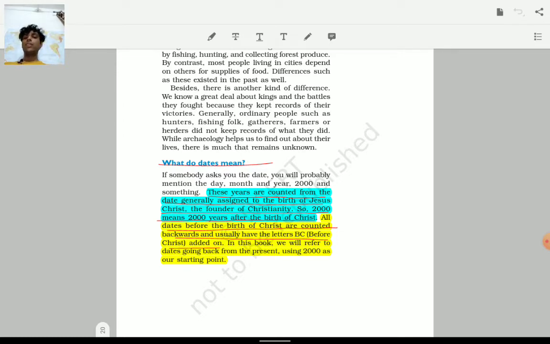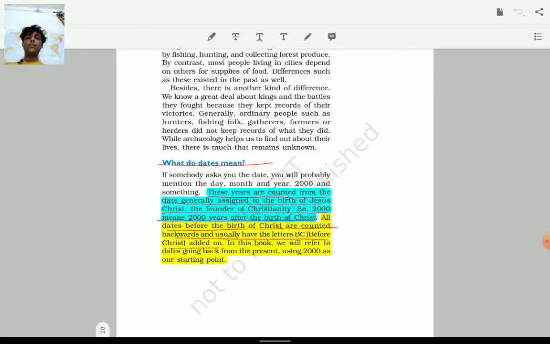So if we are referring to 2024, it means 2024 years after the birth of Jesus Christ. So Jesus Christ's birth has been taken as the starting point, or as zero, and after that the years have been assigned 1, 2, 3, and so on. So 2024 means 2024 years ahead of the birth of Jesus Christ.